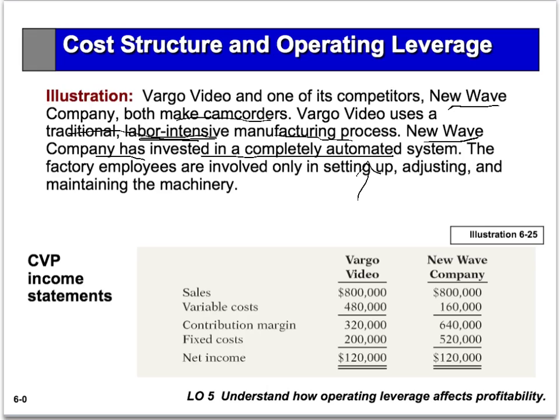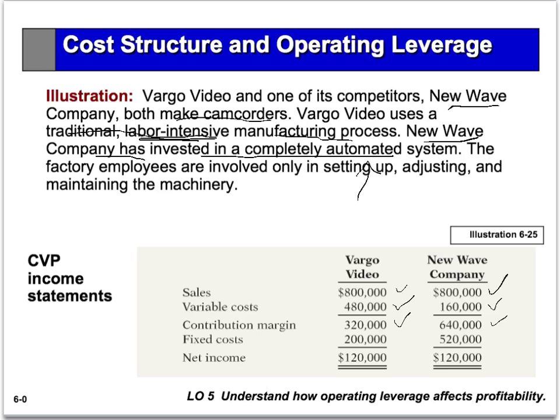So when you look at these companies, they both have the same sales. Okay? But the variable cost for Vargo, because it has more direct labor, is higher. The contribution margin is $320. For New Wave, the variable cost, because of machinery and depreciation, is lower. So the contribution margin is higher.